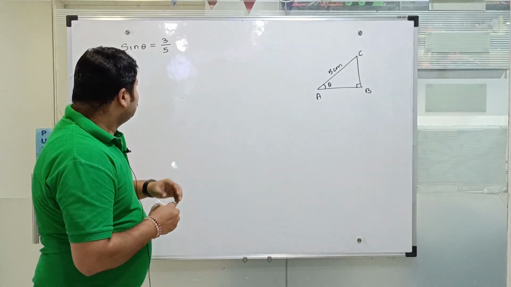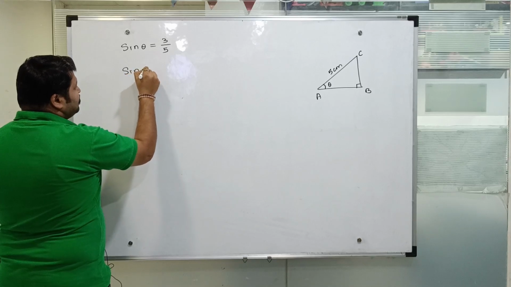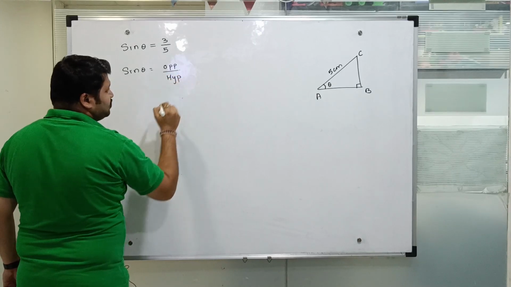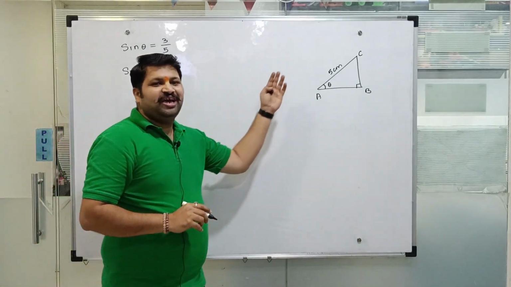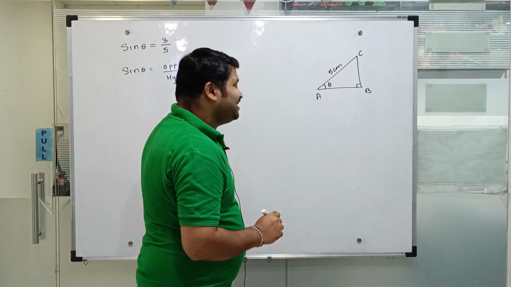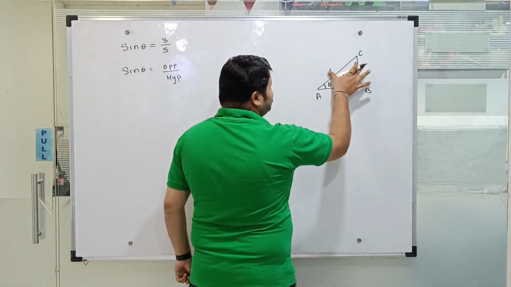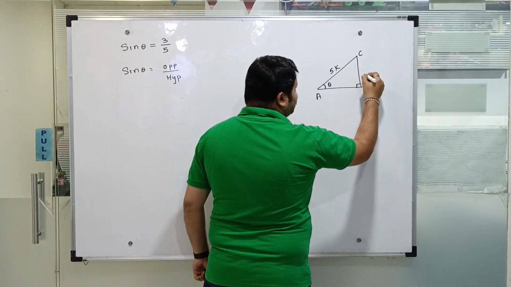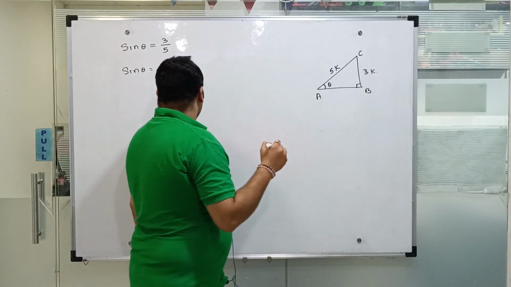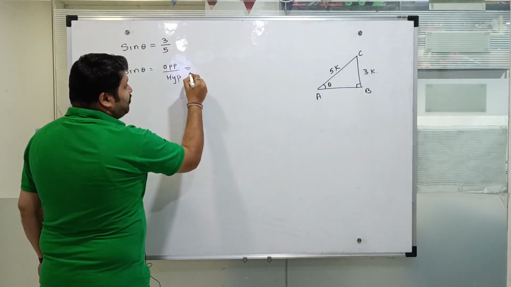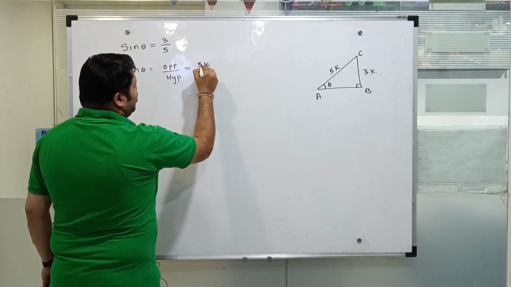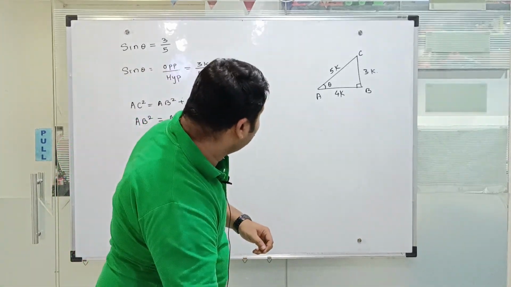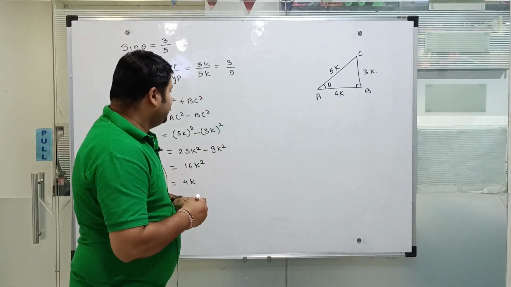Since I know that sine theta is equal to the opposite side upon hypotenuse, I can modify this triangle and say that my AC is 5k and my BC is 3k. Then my sine theta would be 3k/5k.